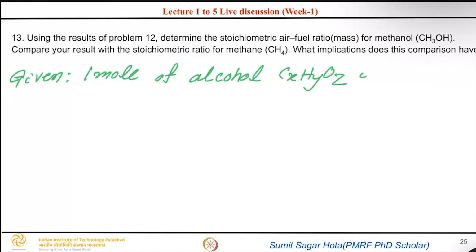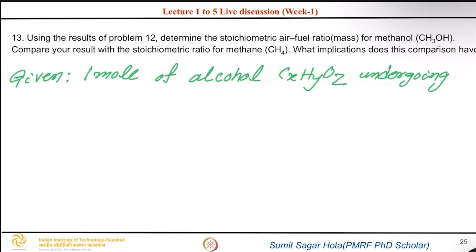undergoing complete combustion. What is complete combustion? It's a simple thing you know. That means there should not be any intermediate species. What do intermediate species mean?